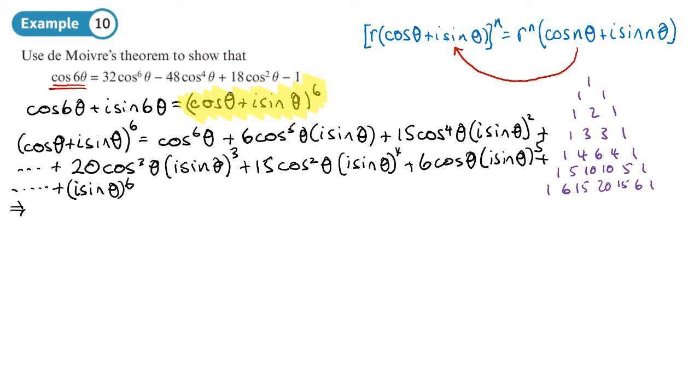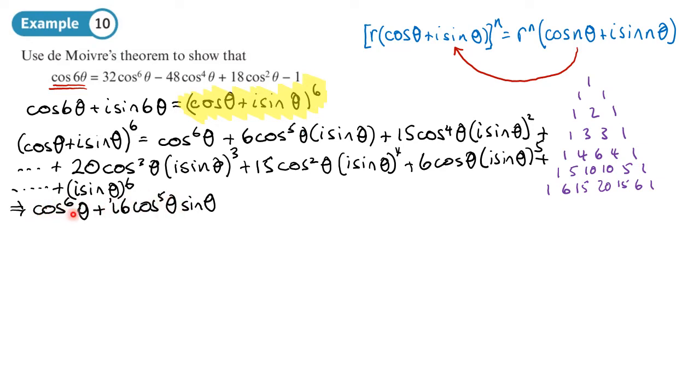Okay, so the first term is going to be cos to the power 6 theta. Now the second term, okay, when I multiply this out, I'm going to put the i at the front. So I'm going to put i and then 6 cos to the power 5 theta sin theta. Okay, so I can see clearly this is an imaginary term.